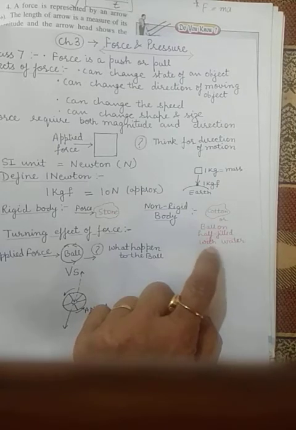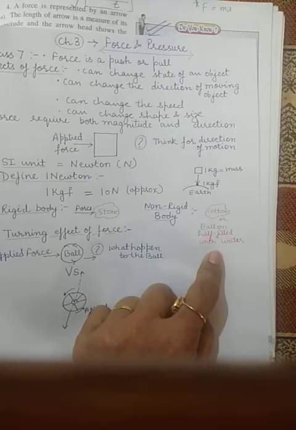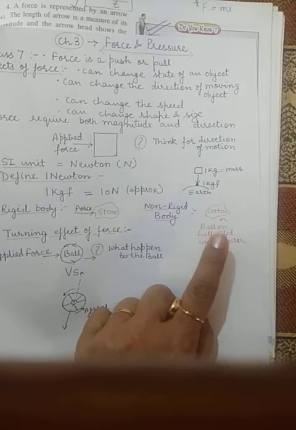Or you have a balloon which is half filled with water, so half air and half water, and when you apply force on it, you will find that particles are showing movement in different directions. They are not intact, they are not moving all together in one direction. Such bodies are called non-rigid bodies.